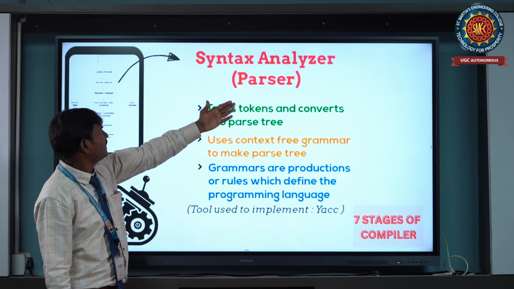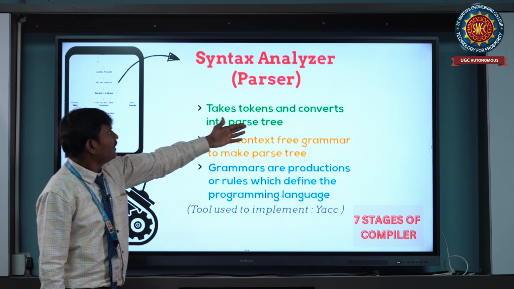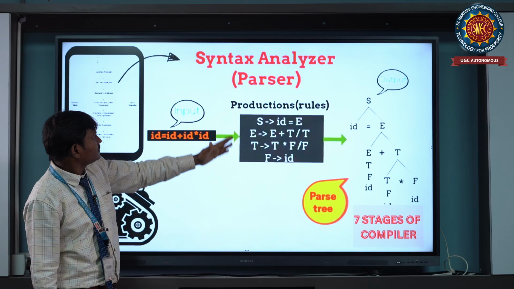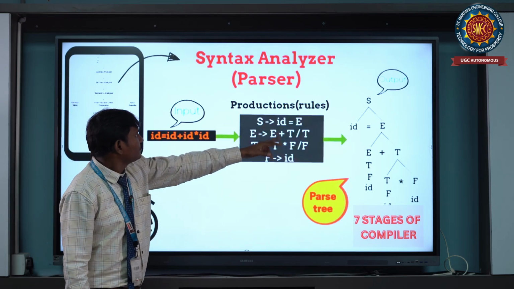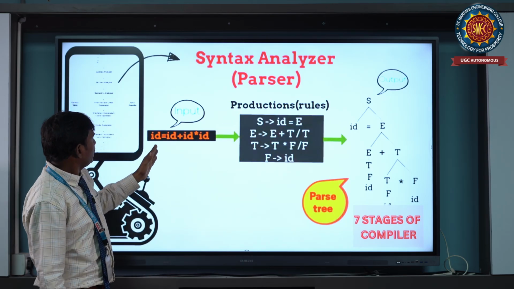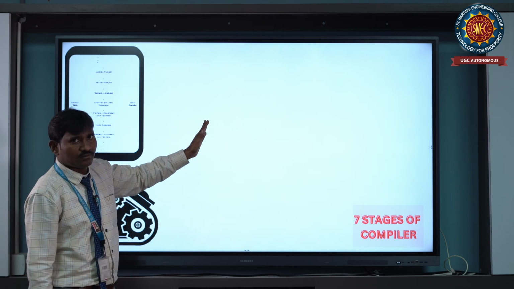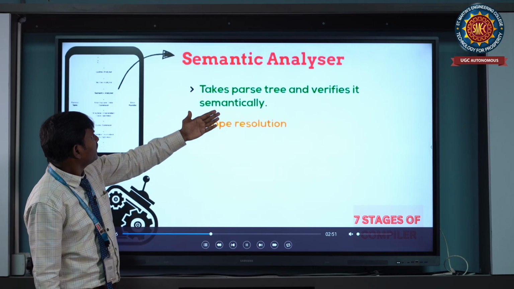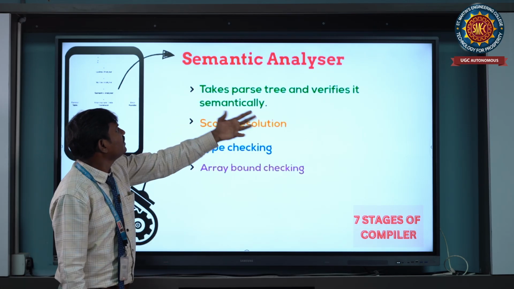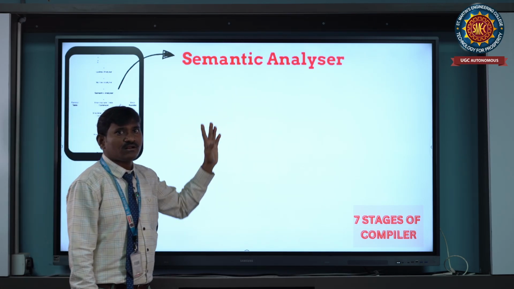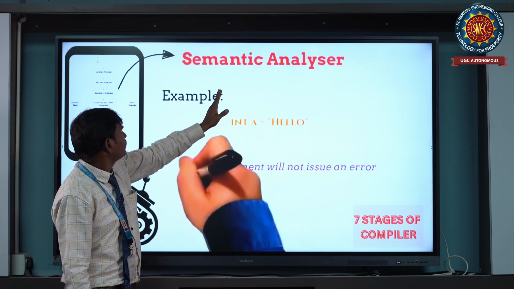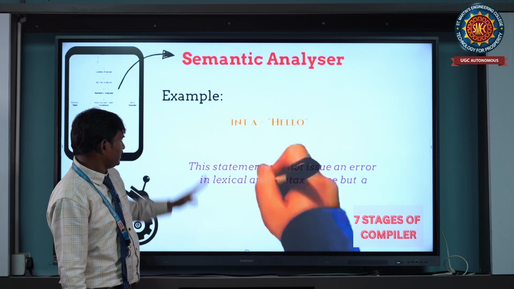Okay, the syntax analyzer parses the tokens and converts them into trees, using production rules. ID1 plus ID2 3. Okay, next, the semantic analyzer takes the parse tree and verifies whether it is semantically right or wrong. These are examples in the semantic analyzer.